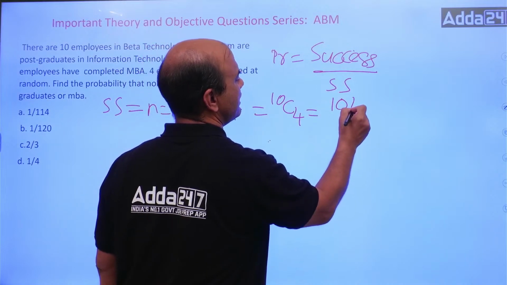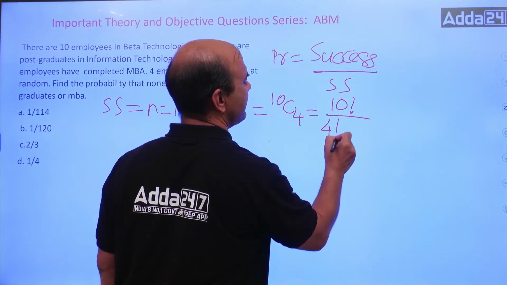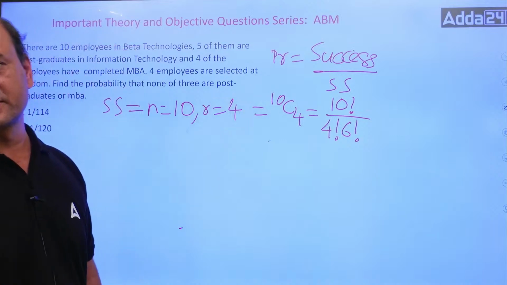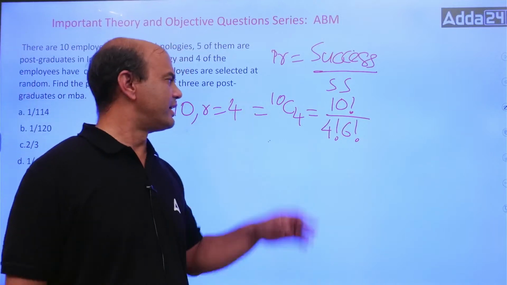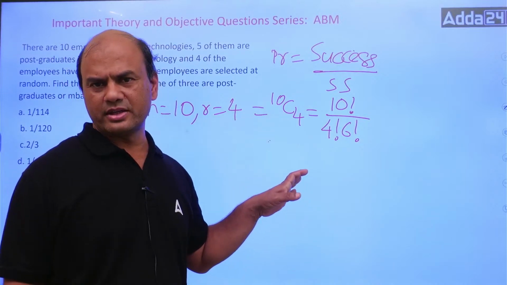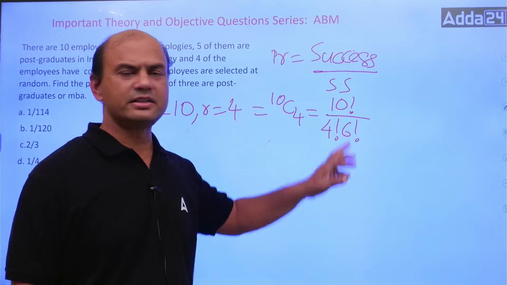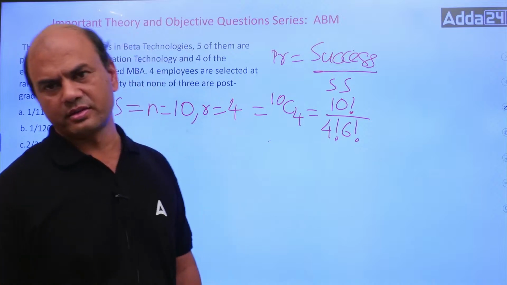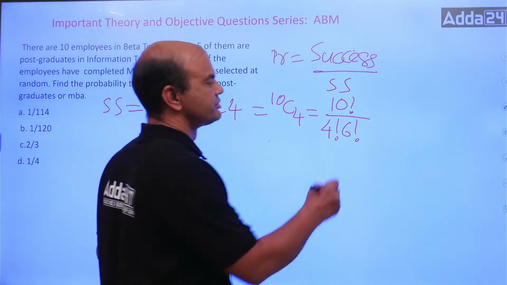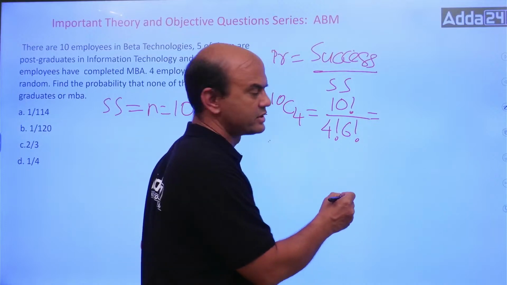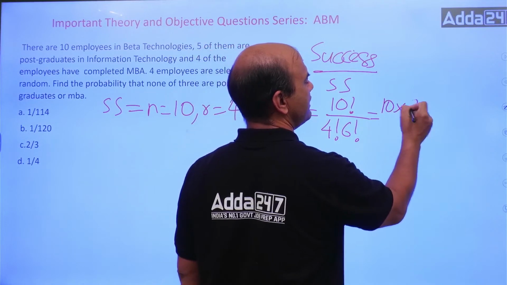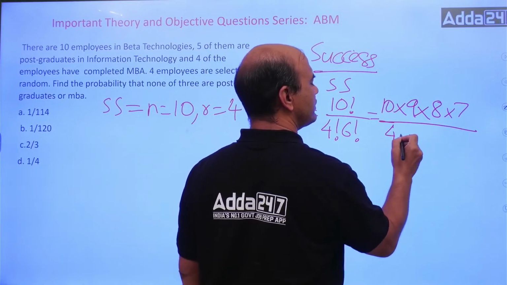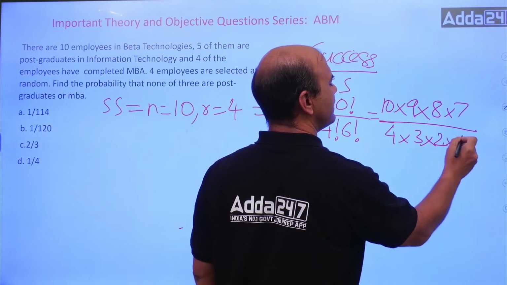Get the answer everyone. 10 factorial divided by 4 factorial into 6 factorial. Everyone try to solve this. You must get this: 10 into 9 into 8 into 7 into 6. So this 6 will get cancelled. And 4 factorial is 4 into 3 into 2 into 1. So, 10 into 9 into 8 into 7 upon 4 into 3 into 2 into 1.